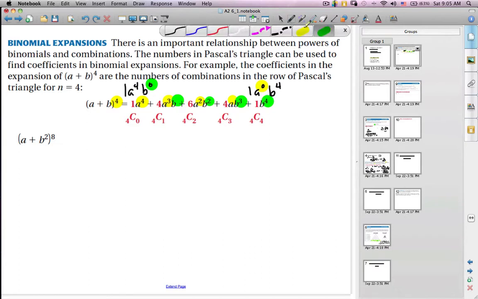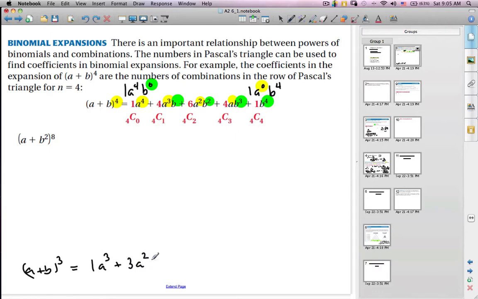And if you think about other things you've already learned, you learned a pattern for a plus b cubed, and you learned that it was 1a cubed plus 3a squared b to the 1st power plus 3a to the 1st power b squared plus 1, I left it out in the first one, a to the 0 b cubed.